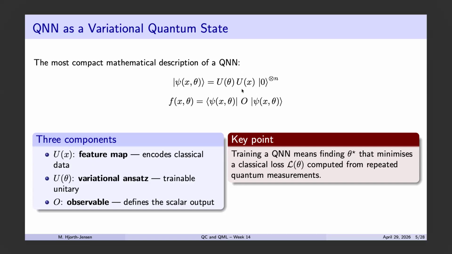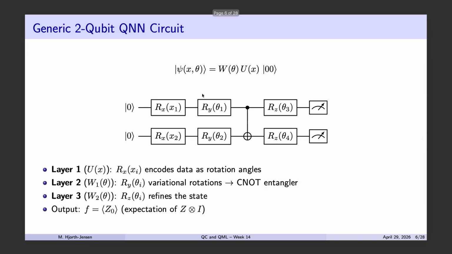Any questions? So typically, if you now think of a 2-qubit circuit, there is going to be a part U of X, which would take the initial data. You could think of that given in terms of a rotation matrix, which encodes data as rotation angles.